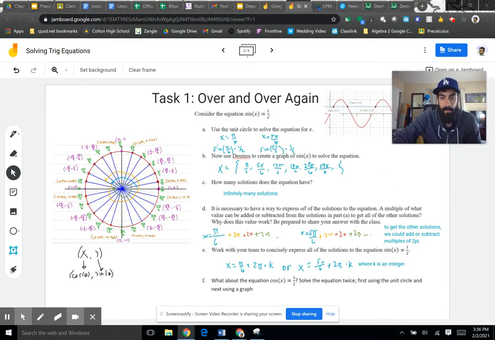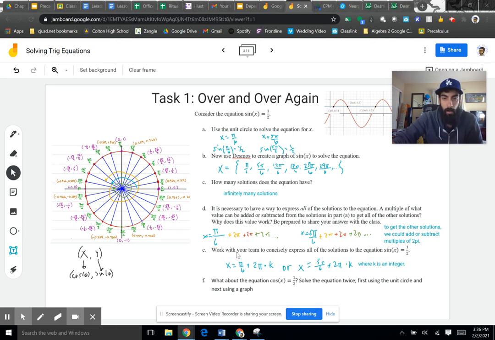All right, so next, you guys will do this in class today. Your task is to finish the remainder of this Jamboard. You're going to find out what about the equation cosine of x equals 1/2. So basically apply the same exact logic, but now we're trying to solve cosine. Hint, cosine is our x values.